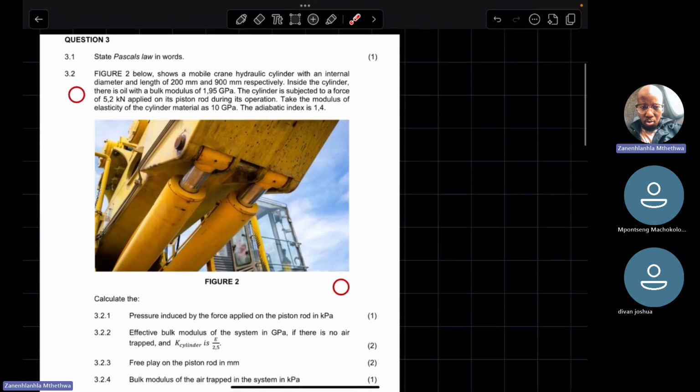The reason for that is because most of these definitions, just like Pascal's law, have already been discussed in N4.